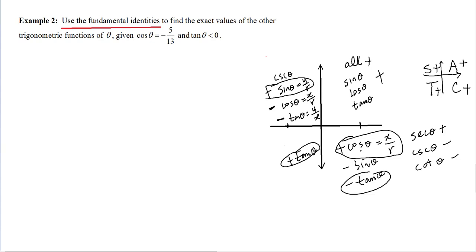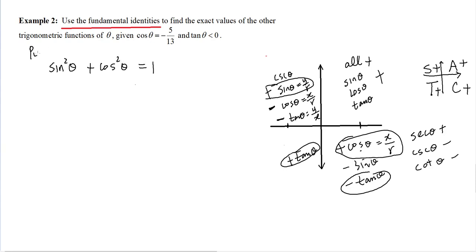Now, since cosine is given to you and no other trig function value is given, the only identity that has sine and cosine in it is the Pythagorean identity. So we have the Pythagorean identity, sine squared theta plus cosine squared theta equals 1.